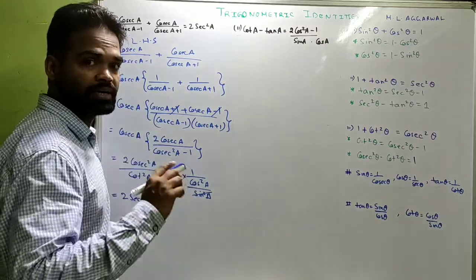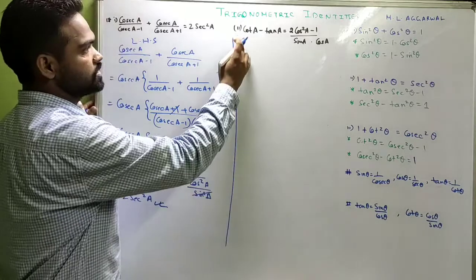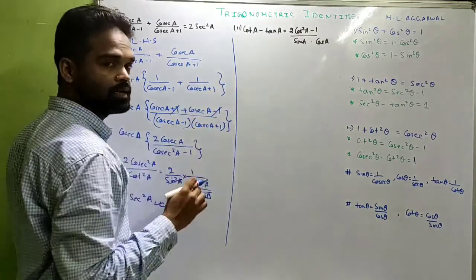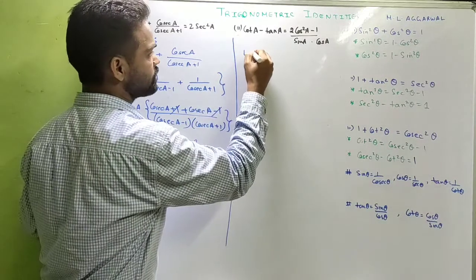Done. Now look at 18 part 2. Just look over here. Very easy. Prove that cot A minus tan A equals 2 cos square A minus 1 by sine A cos A. Take the left hand side.